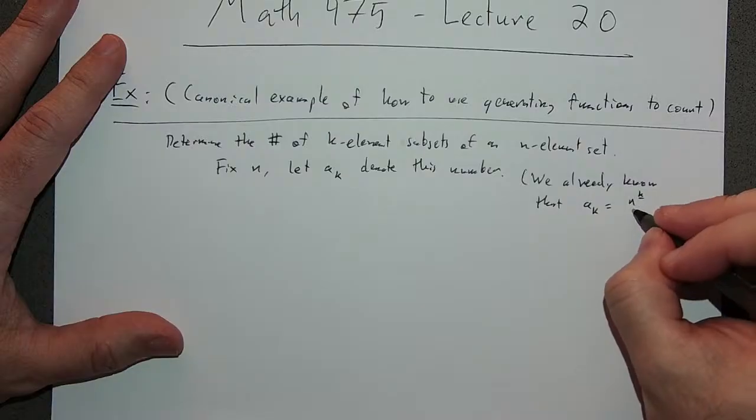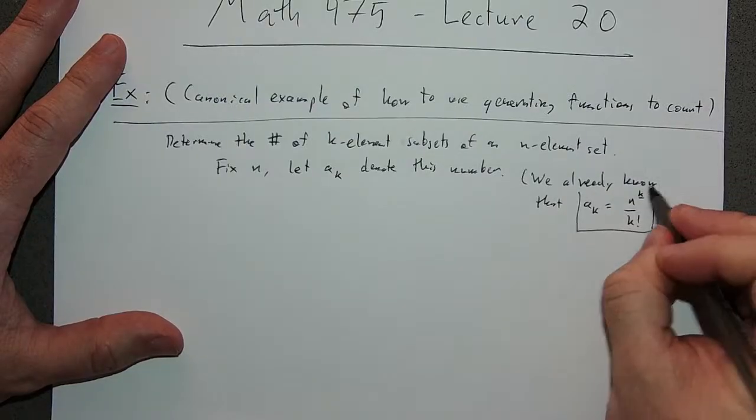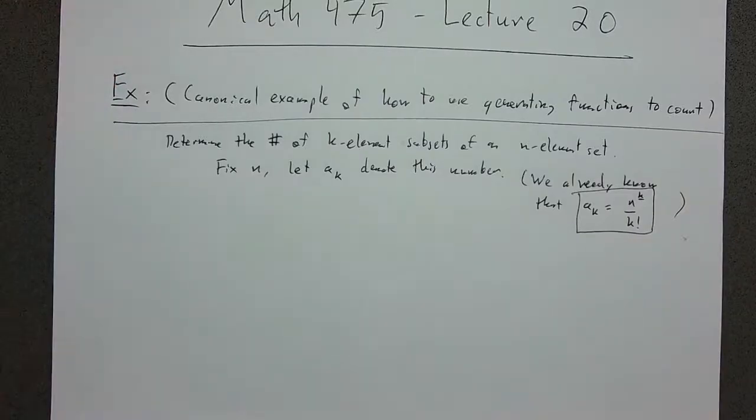This is n to the k falling over k factorial. For instance. But we can figure this out in another way, right?